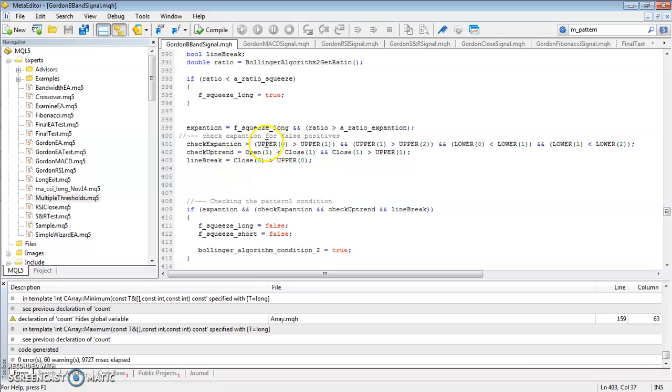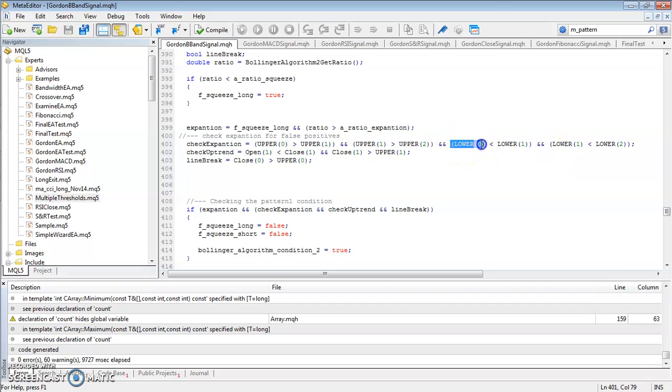So here, if the current upper band value is greater than the previous upper band value, and the previous upper band value is greater than its relatively previous upper band value, and the current lower is less than the previous, and then continues on to the previous lower, I'm sorry, let me repeat that.